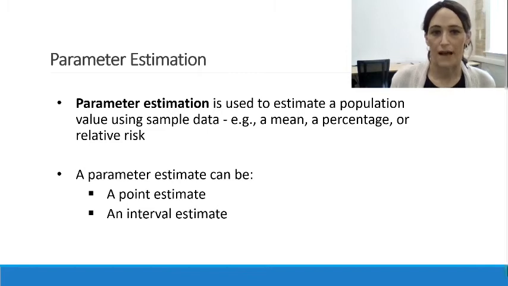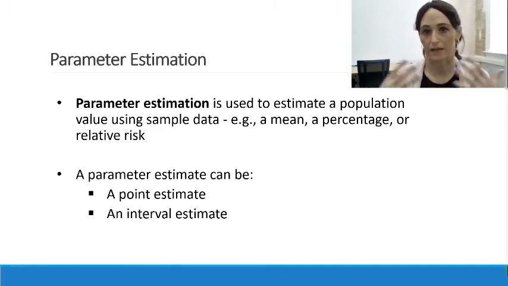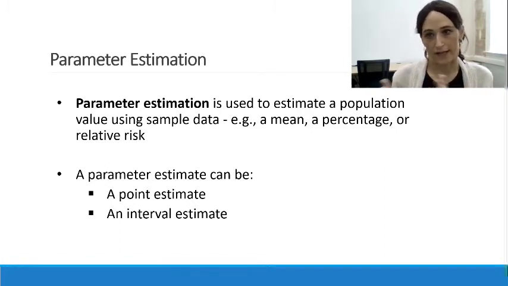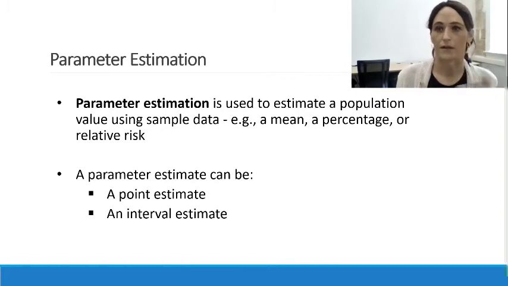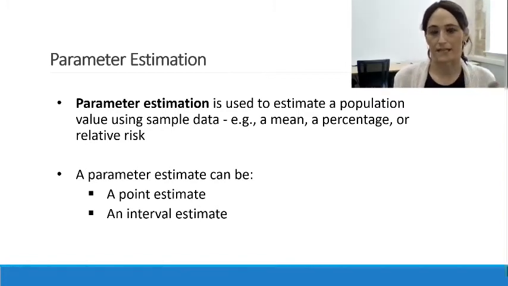And the parameter can then be both a point estimate, so any of those measures I just mentioned, the population mean, the population relative risk, the population proportion, or an interval estimate, a range of values that we think might be true of a population. So what proportion of the population currently has asthma? Well, our guess might be like between 8 and 10%. That would be an interval estimate.